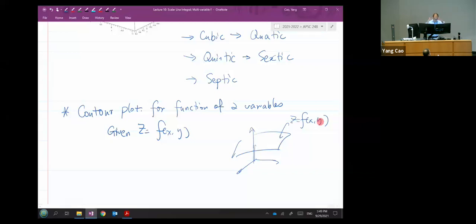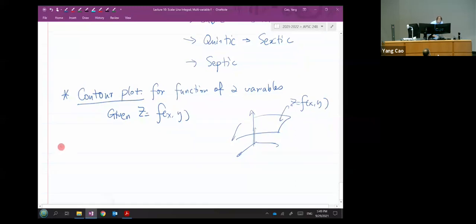You plot it in a 3D space. So what would be an alternative way to visualize it? The alternative way is the so-called contour plot. How do I create this contour plot?